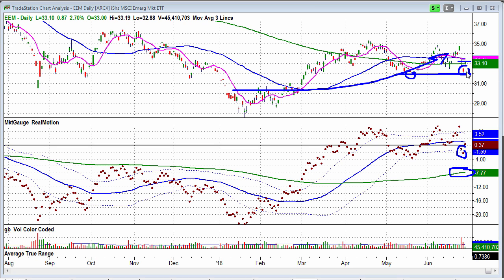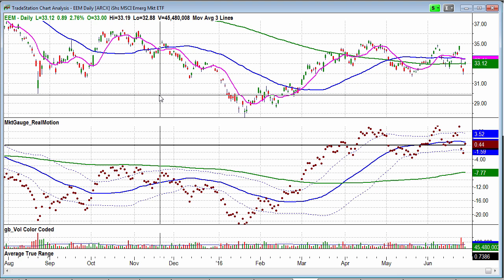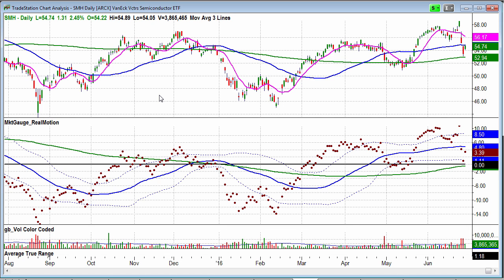And in order to protect yourself from just sticking your head in the sand and thinking it was just a knee-jerk reaction, all you have to do is use these significant floors as your stop.